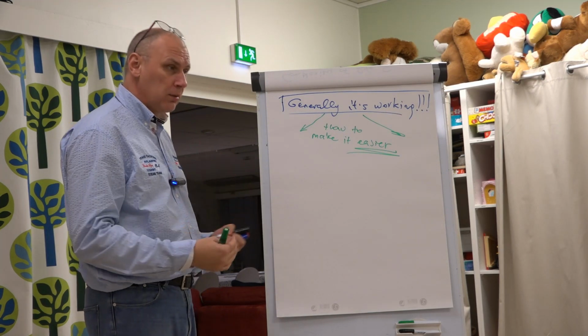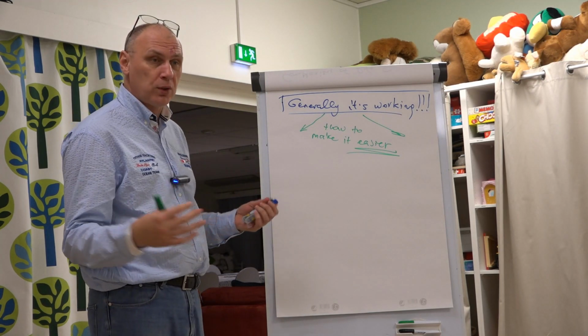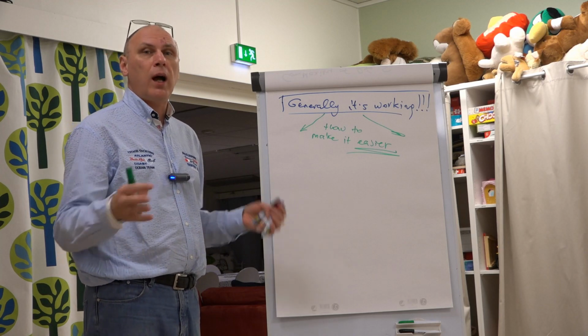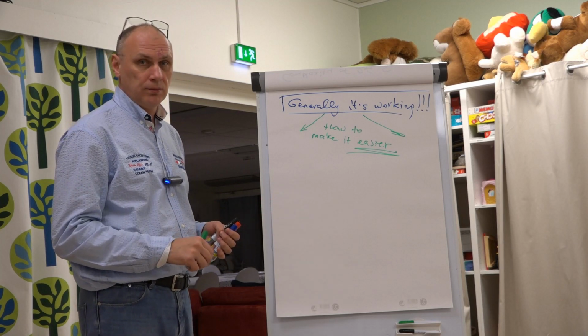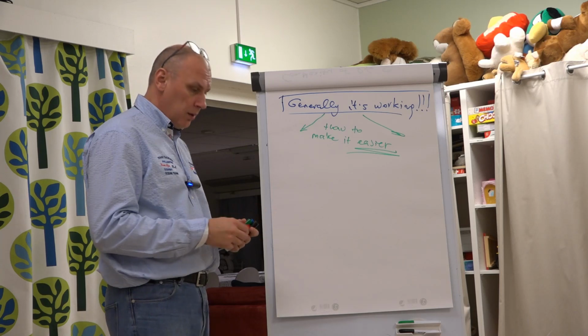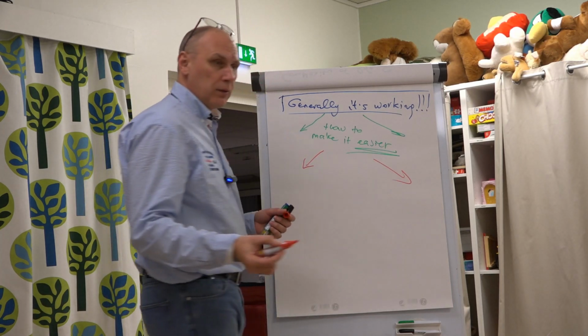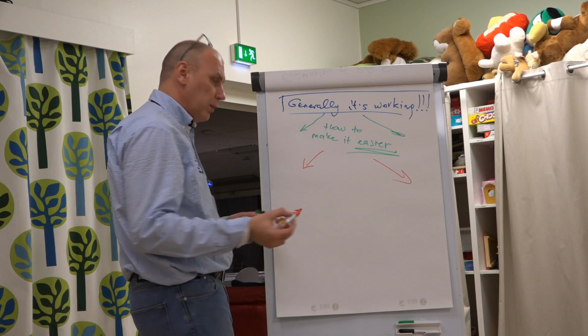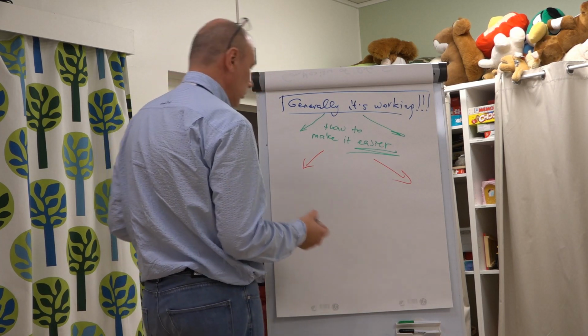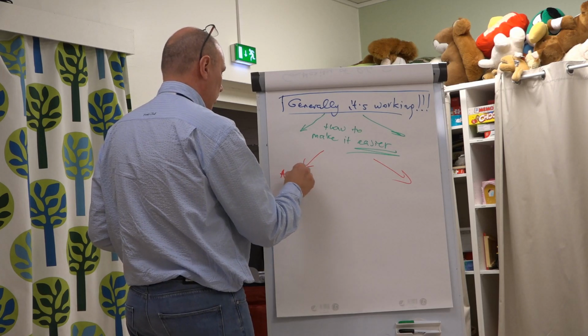It's working harder than a healthy person, and so you got the basic question: how to make it easier? Well, and then we have two lines at the very least. First point is what? Architecture.